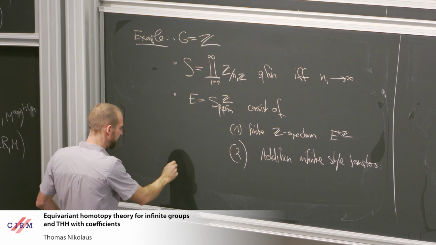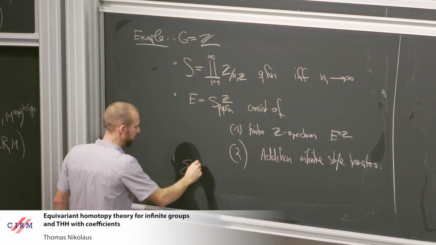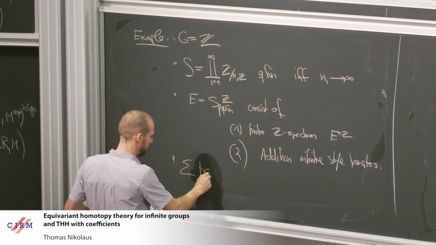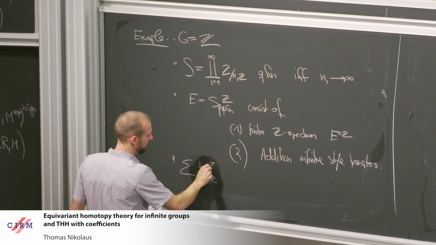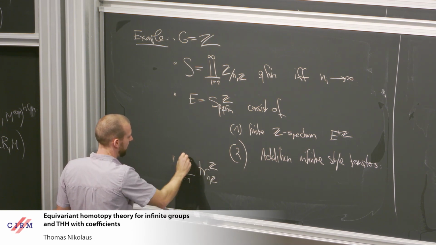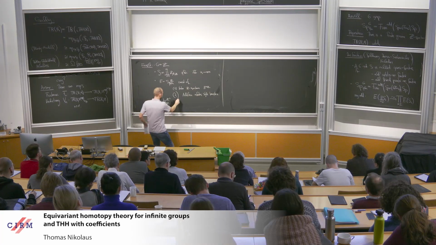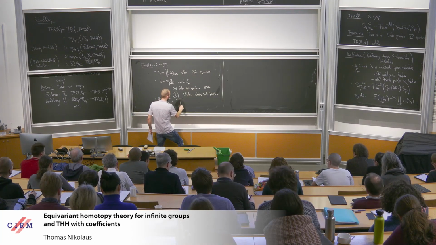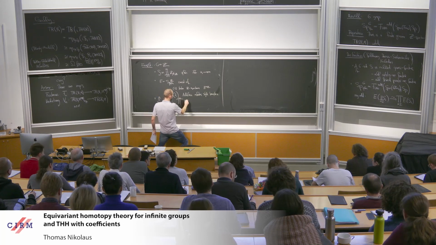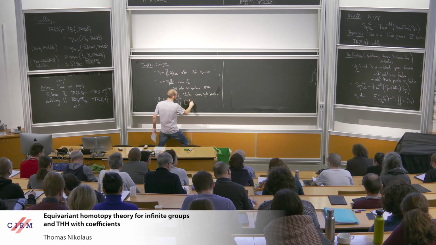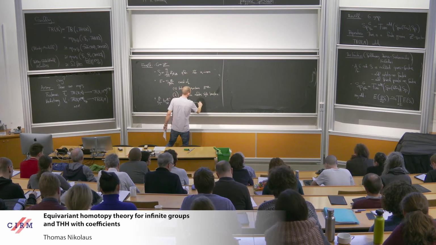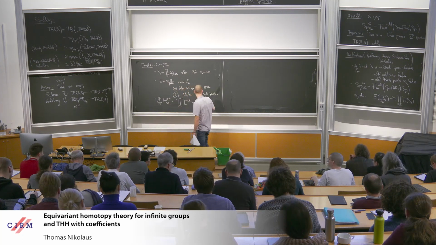What we have is something like an infinite sum of transfers from subgroups nZ to Z. And that's supposed to be a map from the product i equals 1 through infinity, E upper n_iZ to EZ, if n_i tends to infinity.